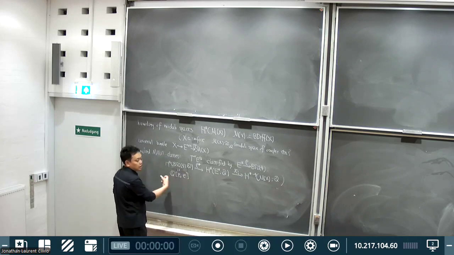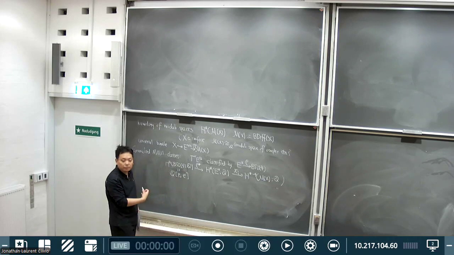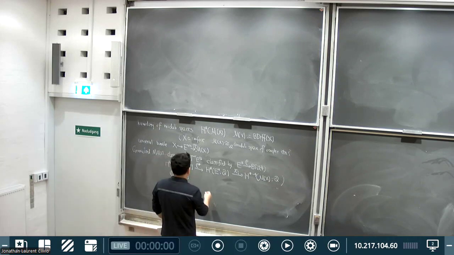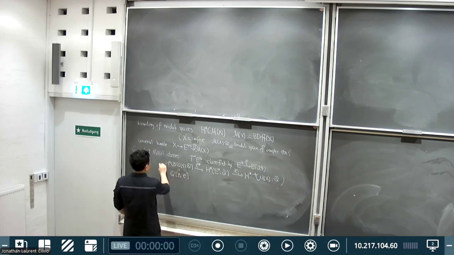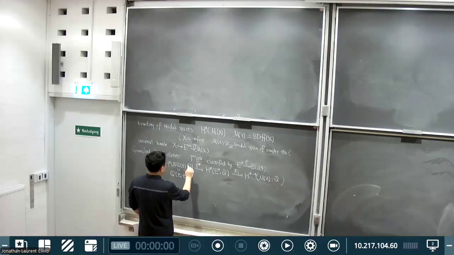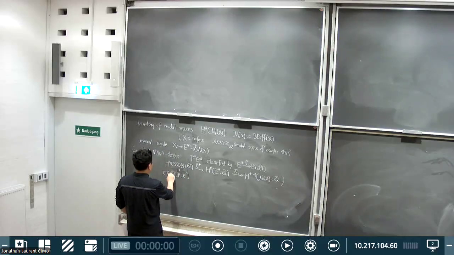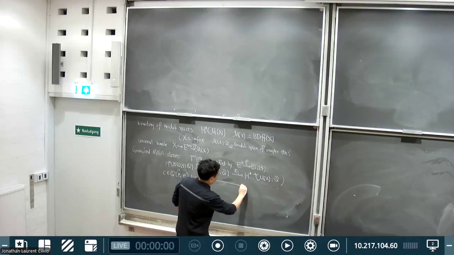So this is just the first Pontryagin class and the Euler class of the universal one. We know this map, so if we have an element c here, we know the image.